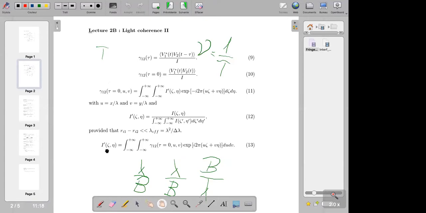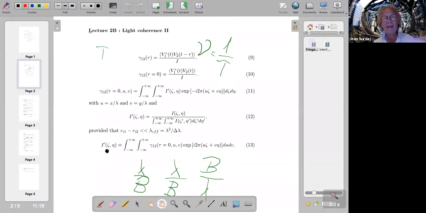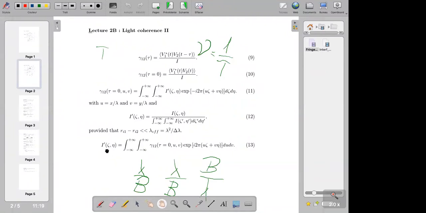So it's lambda over b, or lambda over x, or lambda over y. So if the baseline is of several hundred meters, you get angular resolutions of milli-arcseconds.